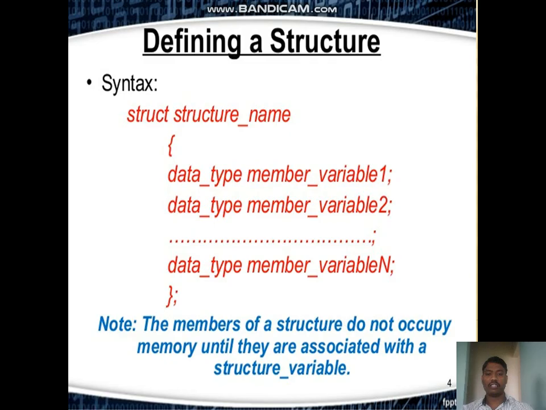Defining the structure, the syntax is: struct structure_name { data_type member_variable1; data_type member_variable2; data_type member_variable n; } where you can use any number of data types or member variables, and then close the curly bracket. Note the members of the structure do not occupy memory until they are associated with a structure variable.